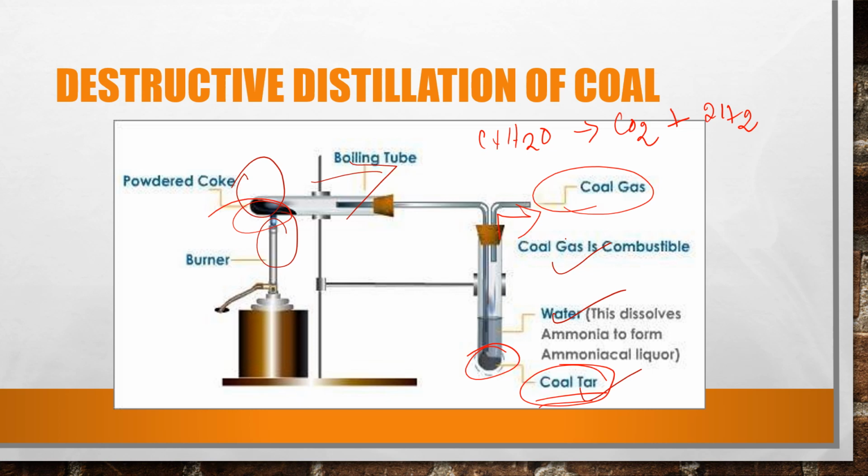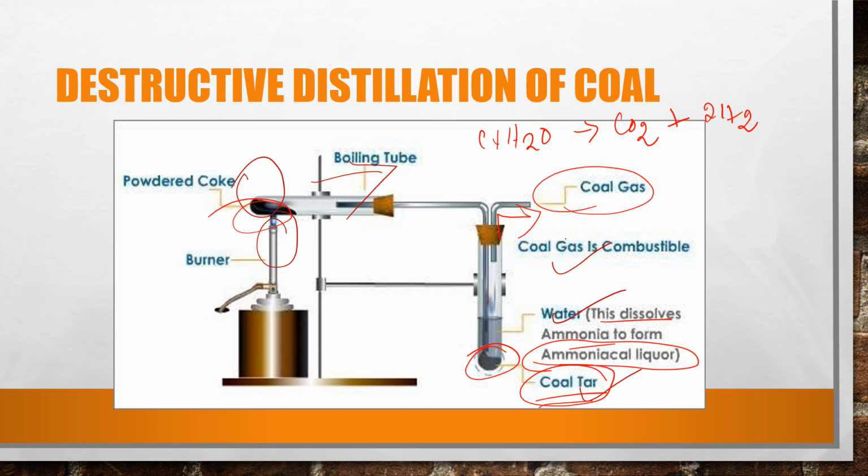And last but not the least, we get the ammoniacal liquor. So what is this? This is the ammonia produced in this process, which gets dissolved in water in the form of ammonium hydroxide solution.